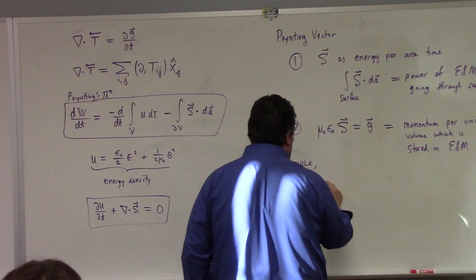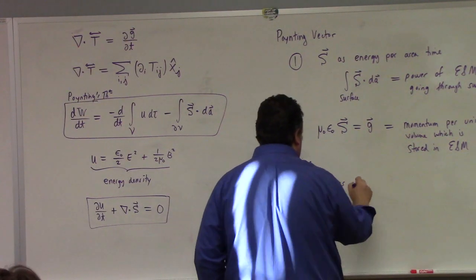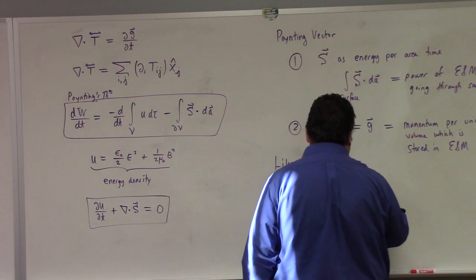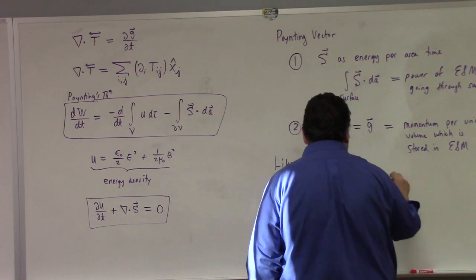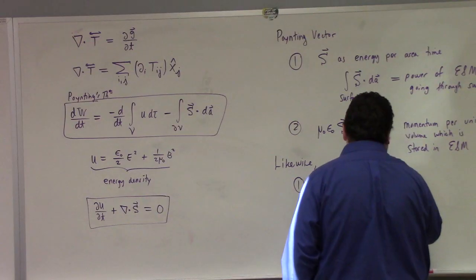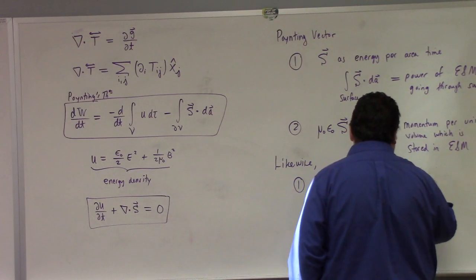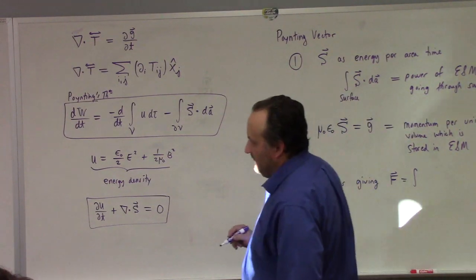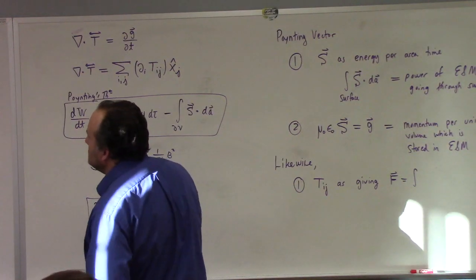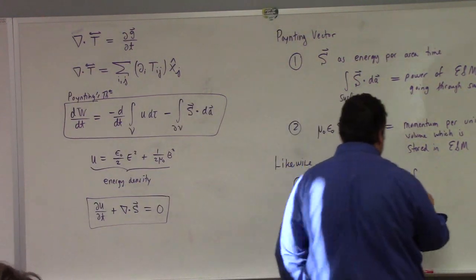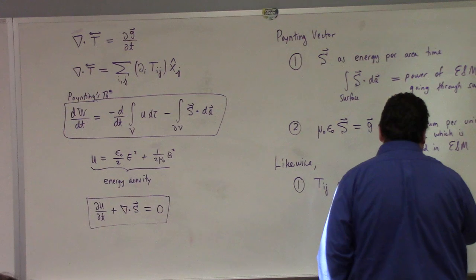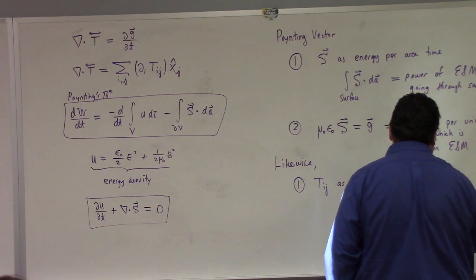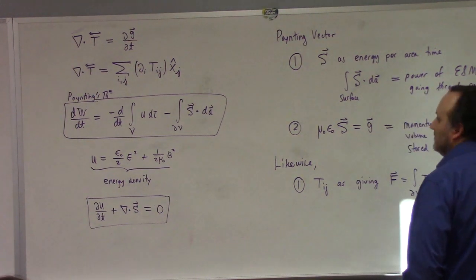We can think of Tij as giving, remember the formula, F equal to what was it? The integral over the boundary of V of T dA, empty slot, right?